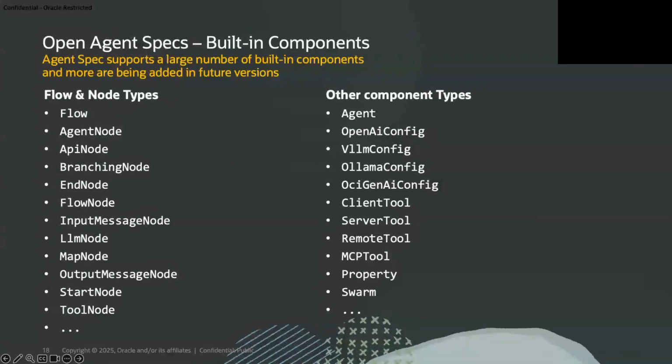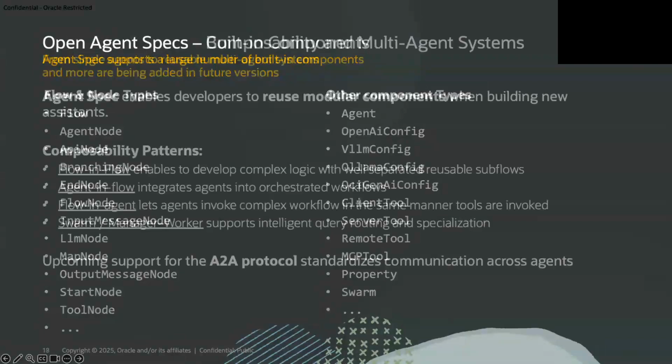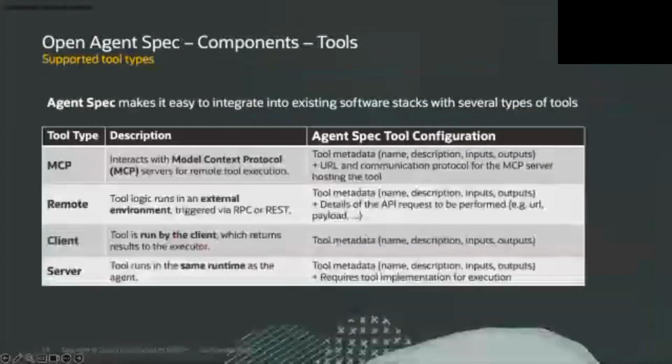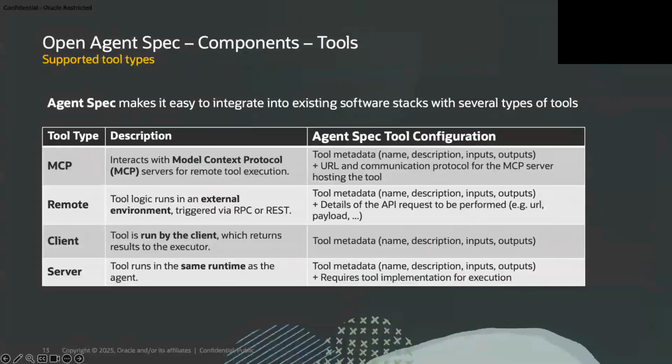Yes. So you mentioned the client tool, server tool, and MCP tool. My question is, why do these other tools like remote client and server exist? Could they also have been MCP servers? Or is there a particular reason why it wouldn't make sense for such a tool to be MCP? So here are some reasons.